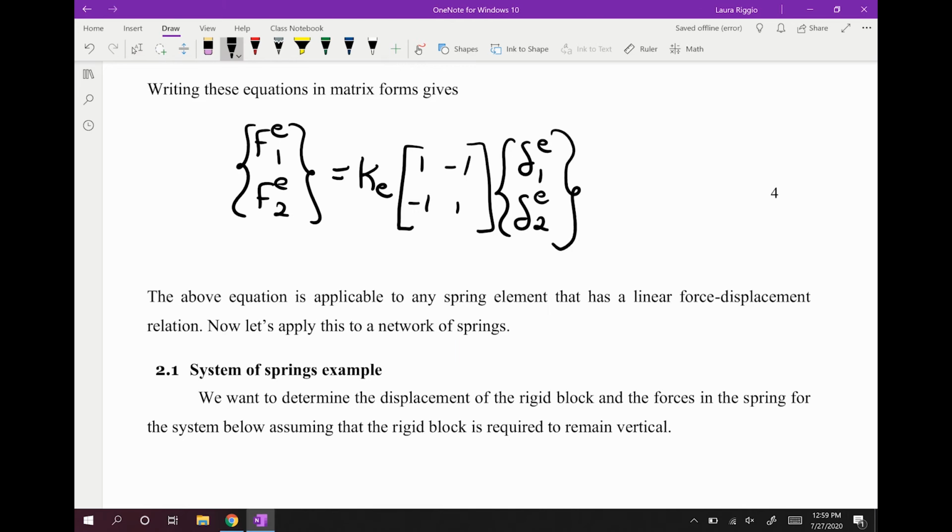What's important here also is that this form of this equation with the e's is valid for any spring element that has a linear force relationship, so all the springs that we are going to look at. It doesn't matter if I have 1 spring, 3 springs, 10 springs, 100 springs. This equation is valid for each individual spring.